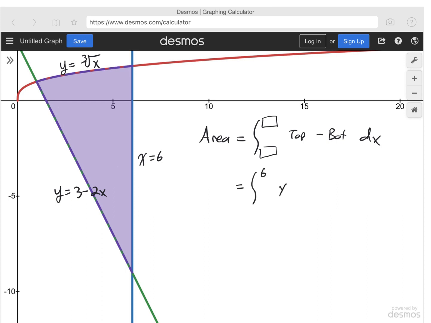Top function is the cubed root of x, and since I know that I'm about to find an antiderivative of this function, I'm going to go ahead and list this as x to the 1/3. Then we subtract the bottom function, 3 minus 2x, and the only missing piece of information, the only thing we need to be able to finalize this computation, is going to be this lower limit of integration.